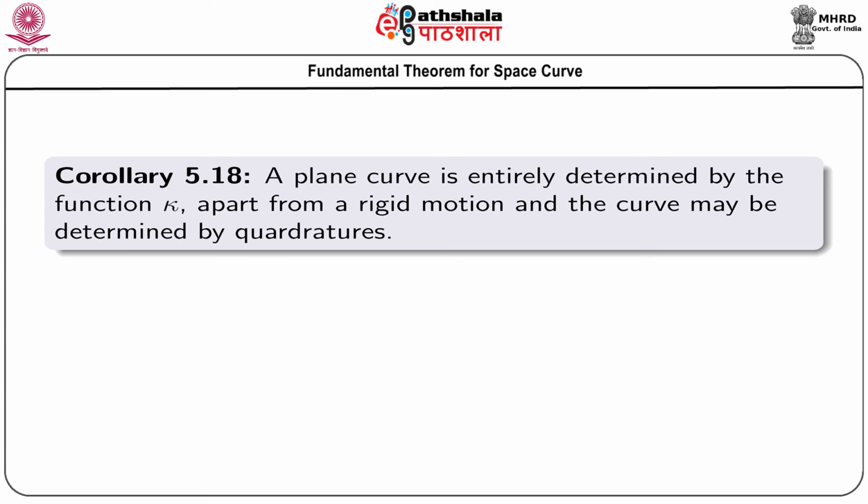We can get other two corollaries also in a similar manner: a plane curve is entirely determined by the function kappa. As tau is equal to 0, a plane curve is entirely determined by the function kappa apart from a rigid motion, and the curve may be determined by quadratures.